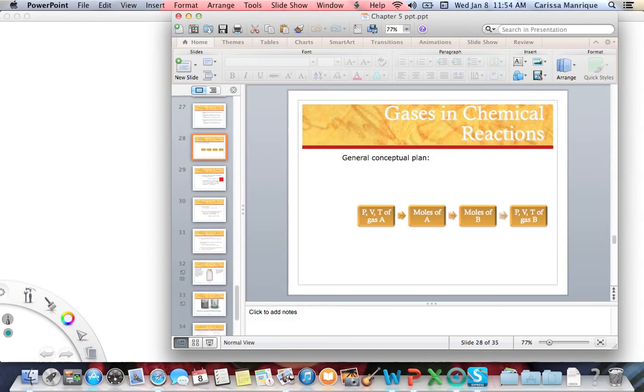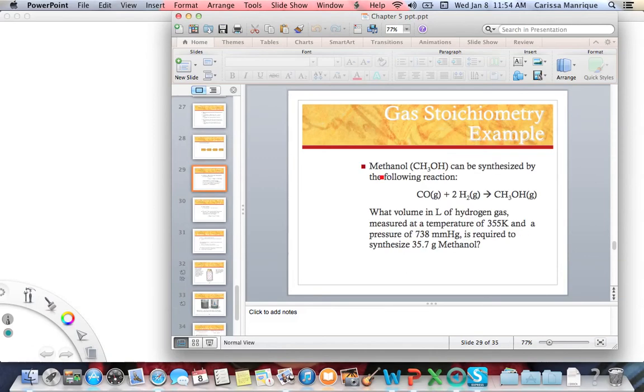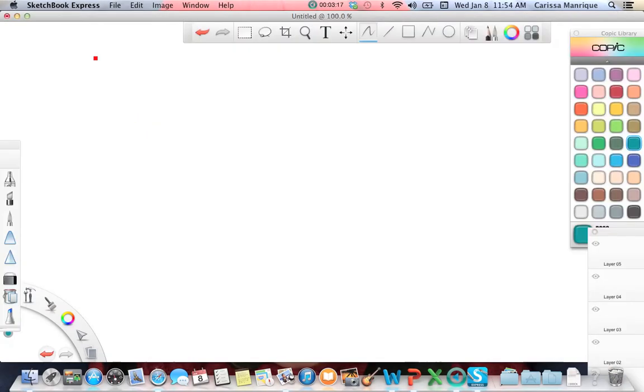So let's look at an example here. Methanol, CH3OH, can be synthesized by the following reaction. I can make methanol by using carbon monoxide and hydrogen gas together. It says, what volume in liters of hydrogen gas? So right away, I know I'm trying to find volume of hydrogen gas in liters.